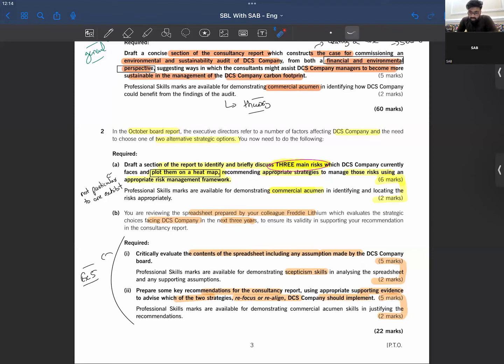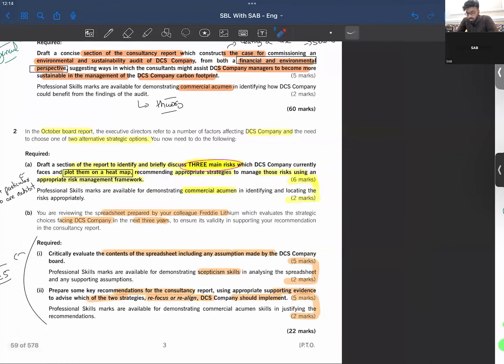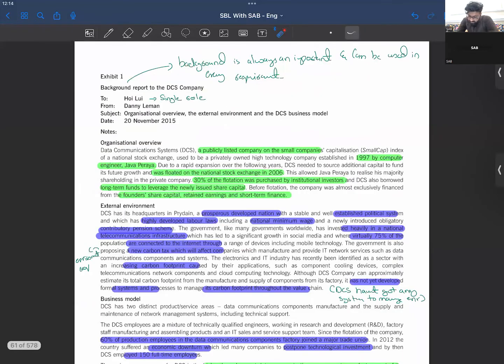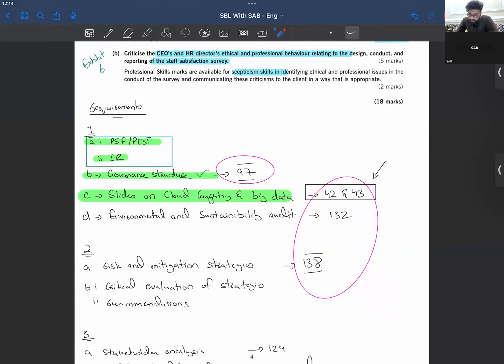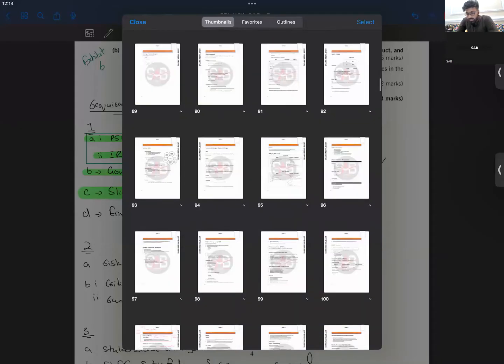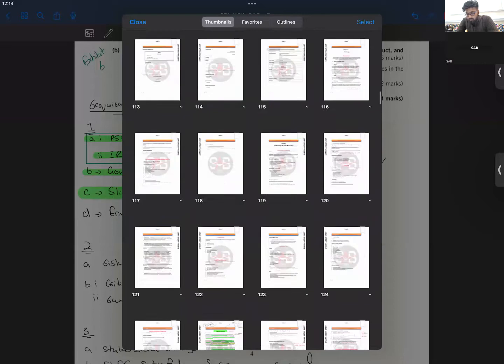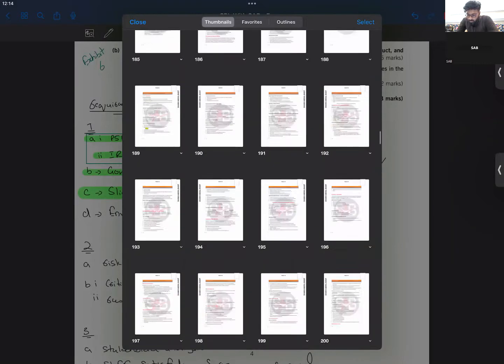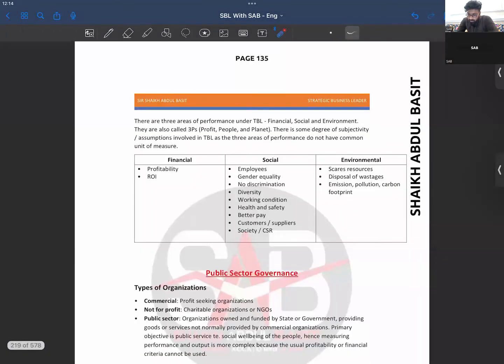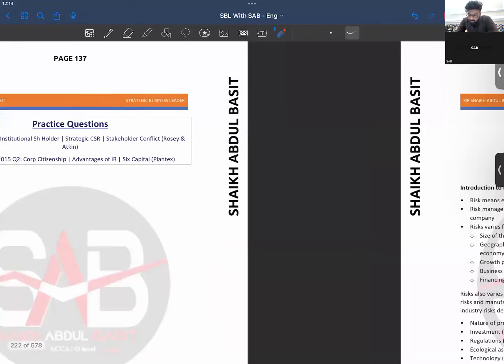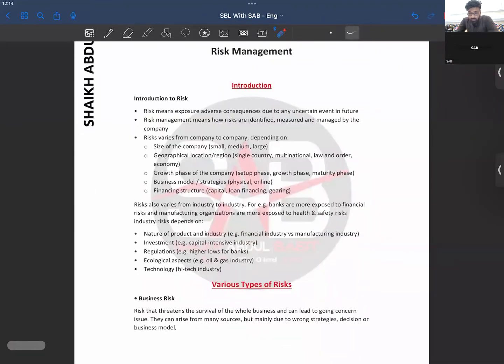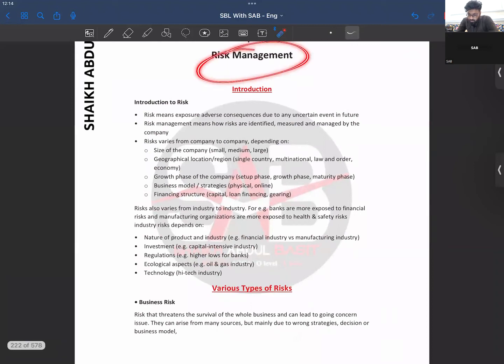So, sir, is there any section of risk in your booklet? Yes, there is risk, and there are some frameworks tested in this question. It is risk management, and we're going to be doing this section also.